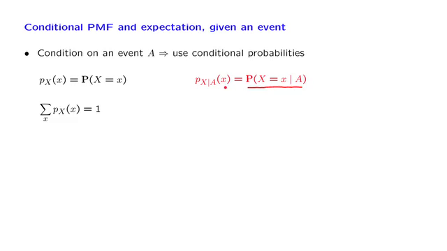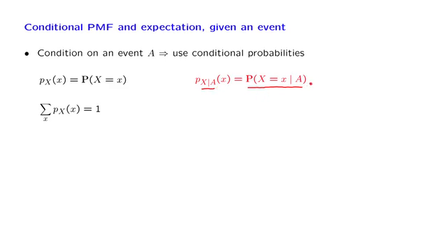We will use this notation here to denote the conditional probability that the random variable takes the value little x. Notice that the subscripts are used to indicate what we're talking about. In this case, we're talking about the random variable x in a model where event A is known to have occurred.